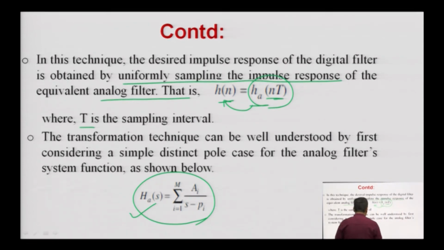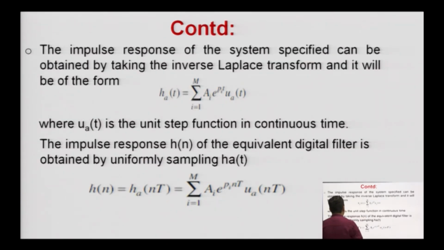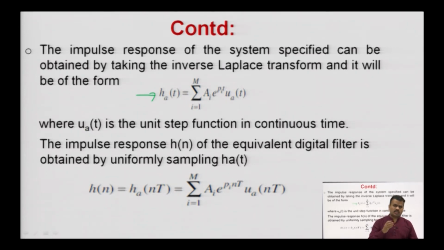It means you are containing one pole of p_i. Okay. So, H_a(s) is given to you. Now, from H_a(s) you have to find out h_a(t), meaning the time domain of that H_a(s), the transfer function of the analog filter.